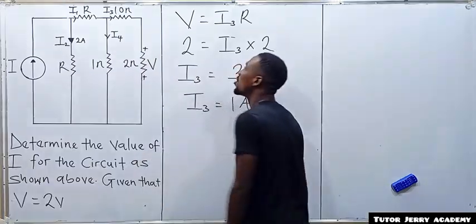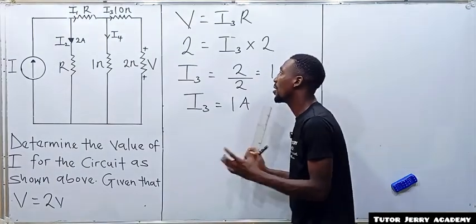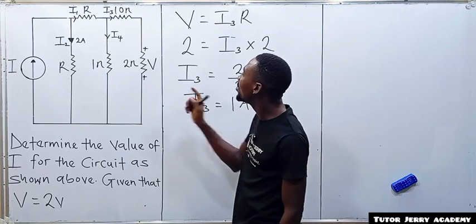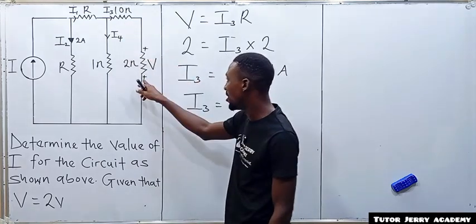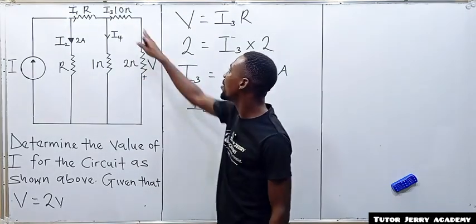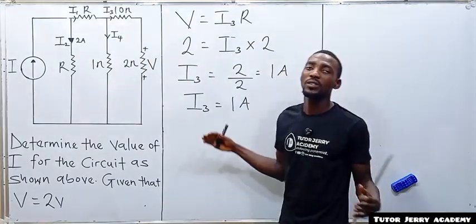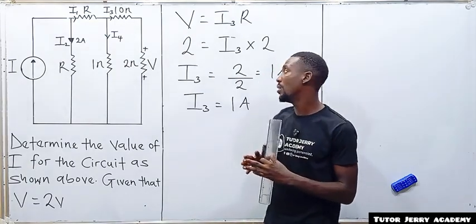Now again, you are going to note something critically here. We have these 2 ohms and these 10 ohms in series. We can combine the effect of these 2 ohms and these 10 ohms together, because we know when 2 resistors are in series, we can add them together.